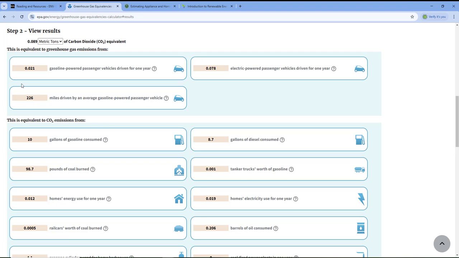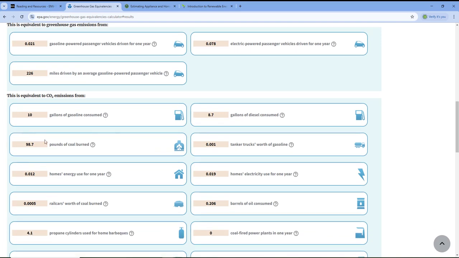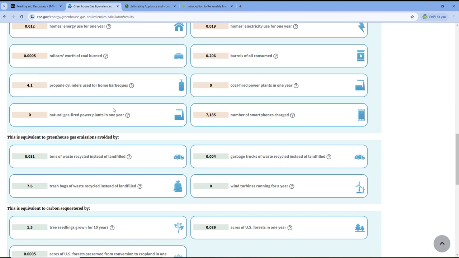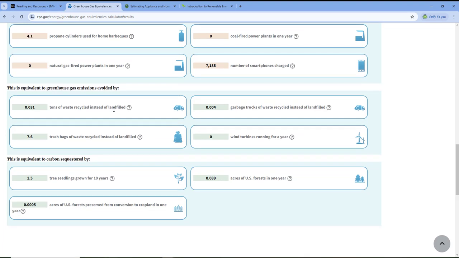On average, I can actually drive more than 226 miles because I have a hybrid vehicle, but on a regular one it's about 226 miles, which is equivalent to almost 100 pounds of coal burned, 4.1 propane cylinders used in home barbecues, and 7.6 trash bags of waste recycled instead of landfilled, and so forth.